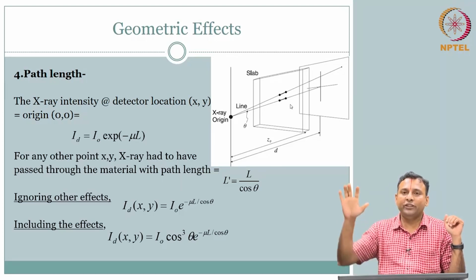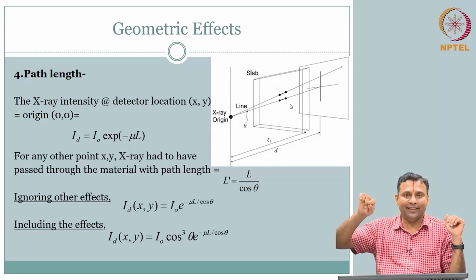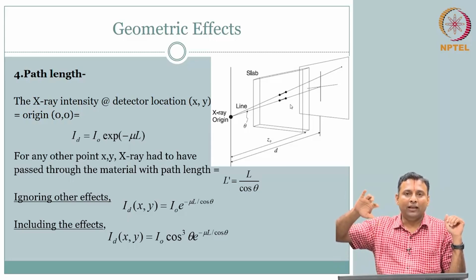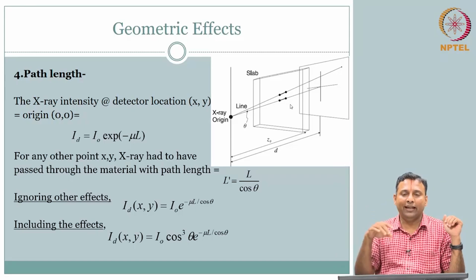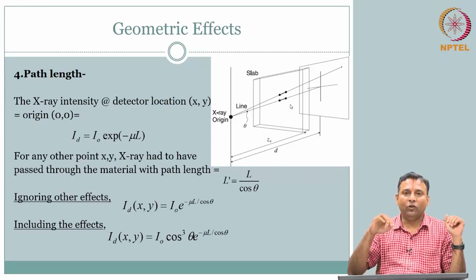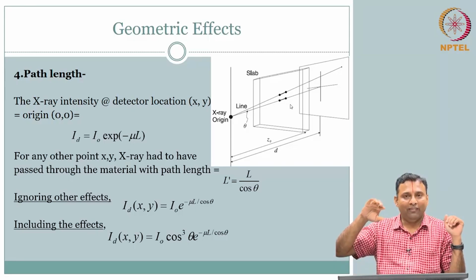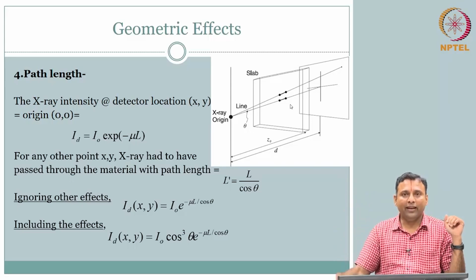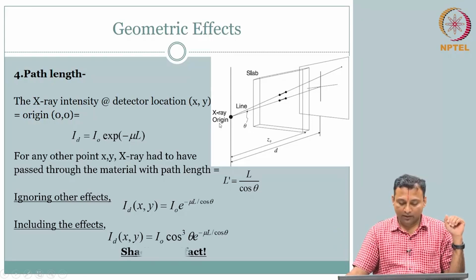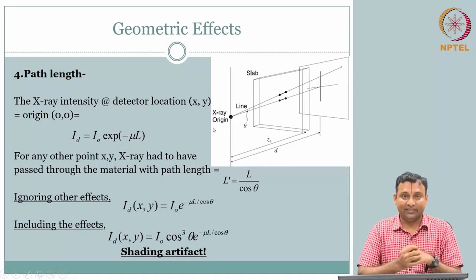It is not going to be homogeneously white. It will be white at the center, and it will start to grey out as you go towards the ends, right. It will look like you have a shadow, right? So it is called a shading artifact.